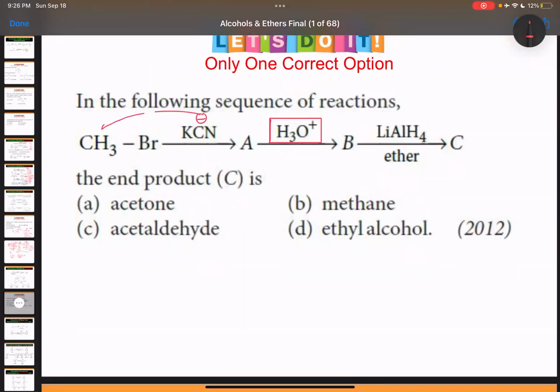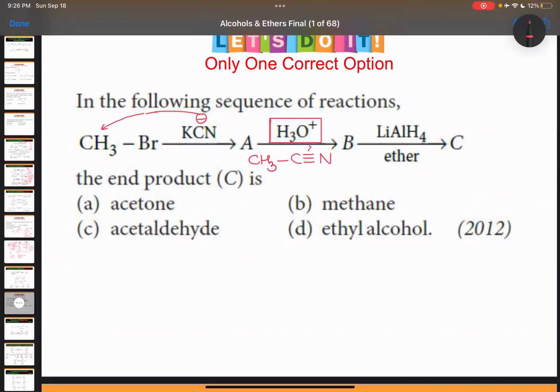So CH3Br and KCN. This is an alkyl halide. Okay, this is clear. What is A? Yes, sir. CH3CN. Okay, and now what will happen if you hydrolyze CN?